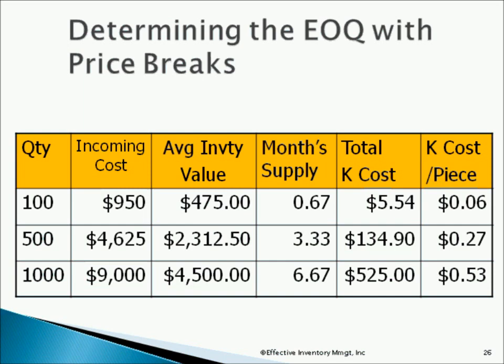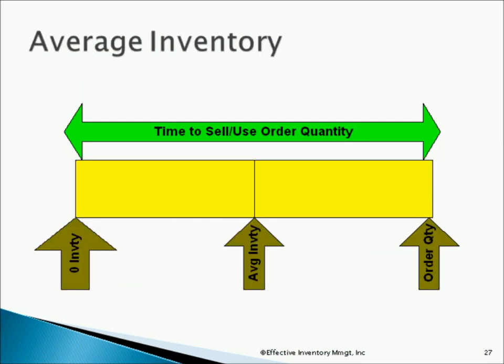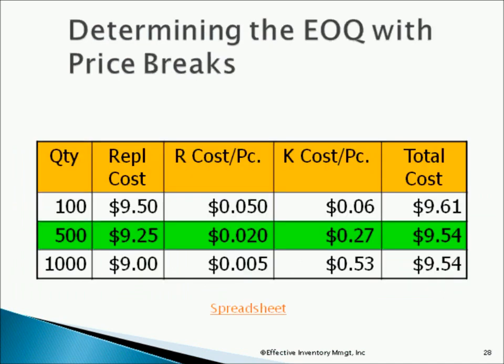If I take that total carrying cost and divide it by the quantity I'm buying at each of these three levels, I get the carrying cost per piece of inventory that I will incur during the time it takes to sell the entire quantity. If I add the ordering cost per piece to the replenishment cost per piece and then add the carrying cost per piece, I will get the total cost of inventory per piece.